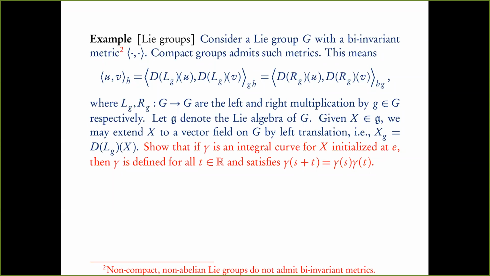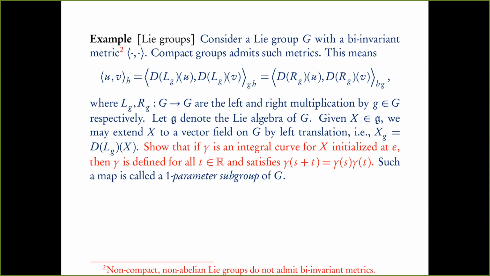So this is saying that gamma is a smooth homomorphism from the group (R, +) to the group G. It's initialized at E, meaning that gamma of 0 is E and gamma prime at 0 is X. That's what this exercise means: this integral curve actually exists for all times, and it's a homomorphism. Is it clear? This is a very nice application of left invariance and the local solution that you get from Picard-Lindelöf.